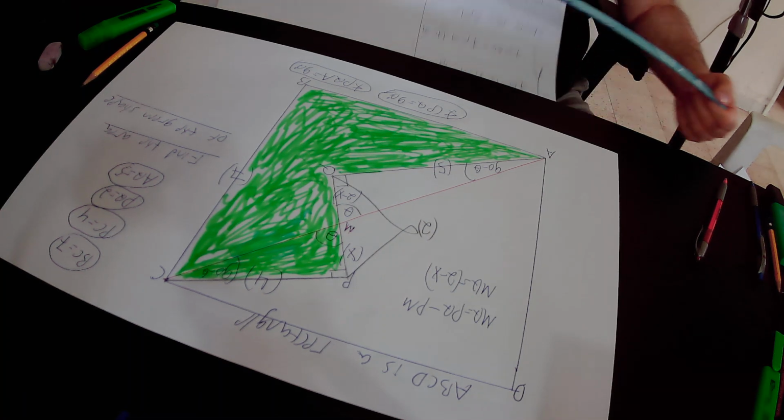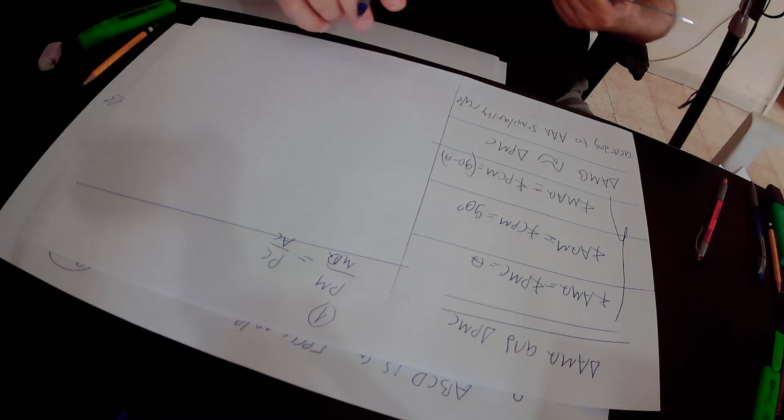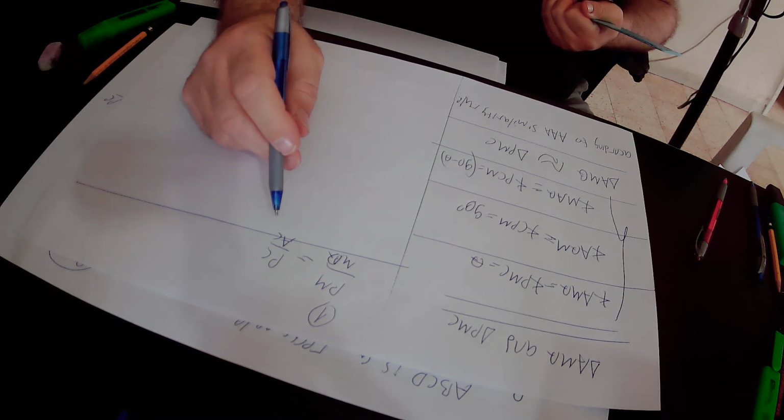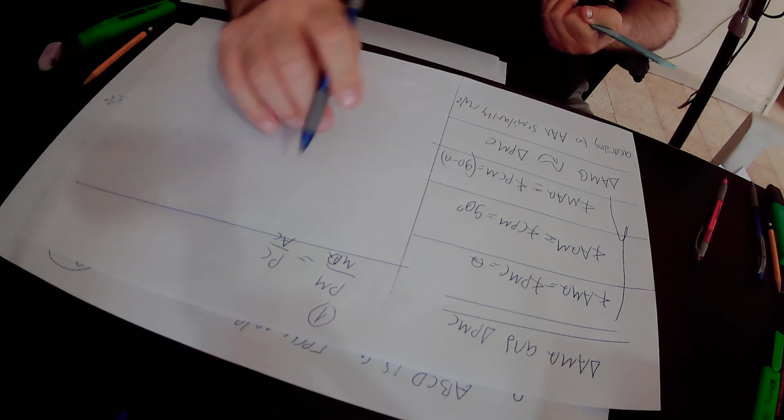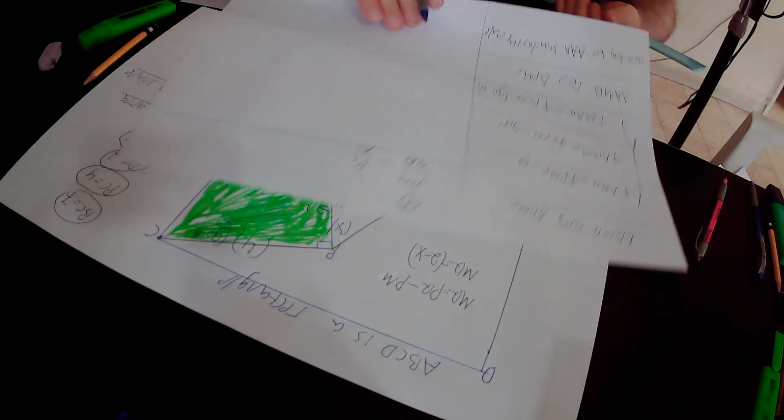And again, we derive that PM over MQ equals PC over AQ.